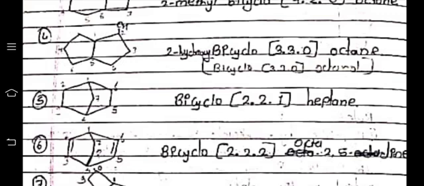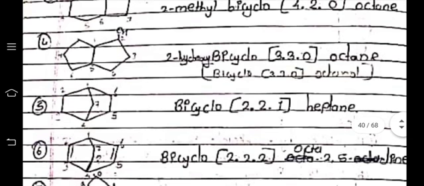The bridge carbon is given the number 1. Both the rings are of the same size, so we prefer to number the ring that has the substituent attached. In that also, numbering starts from the bridge carbon atom which is nearer to that substituent.